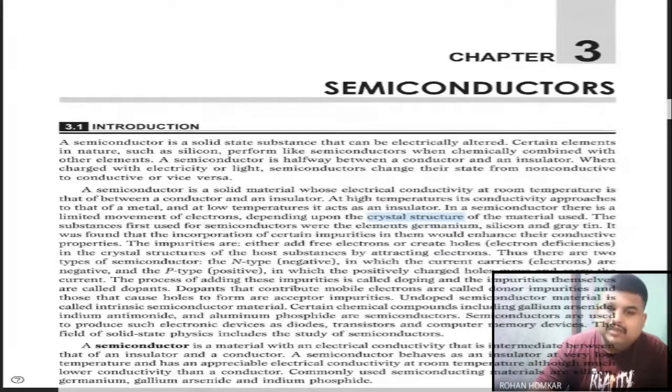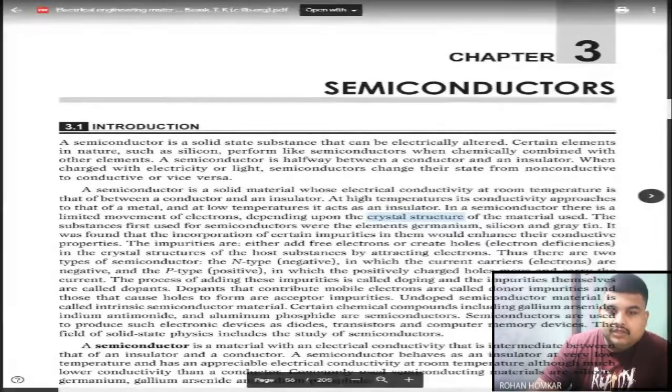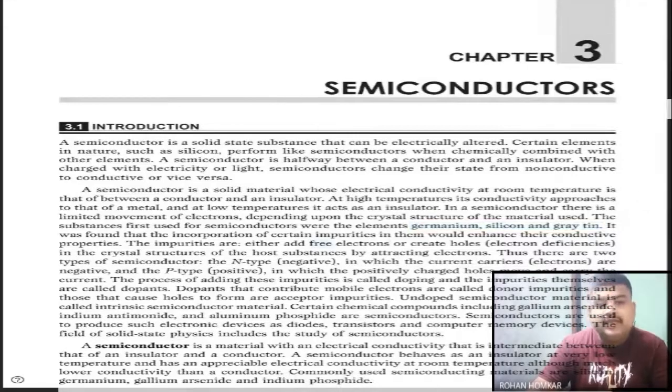When we talk about the extrinsic semiconductor, we are talking about the pure form of semiconductor being added with some impurities, and as per the type of impurity, the semiconductors are classified. If the substance is added to germanium or silicon, then as per the type of impurity, we can add free electrons or we can create holes.